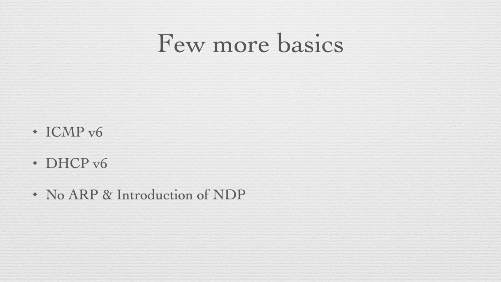Just like I said before, instead of ARP, you have Neighbor Discovery Protocol, NDP, and within that, the ARP request, instead of using a broadcast, will use multicast for the neighbor solicitation. I hope these basics are enough to get into the IPv6 design considerations and planning.